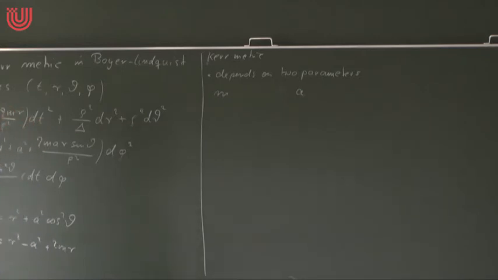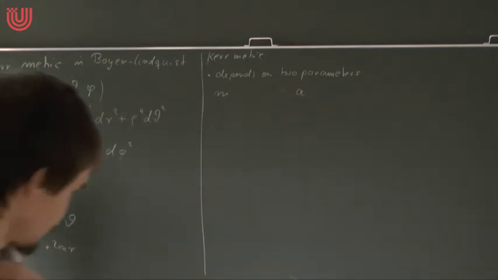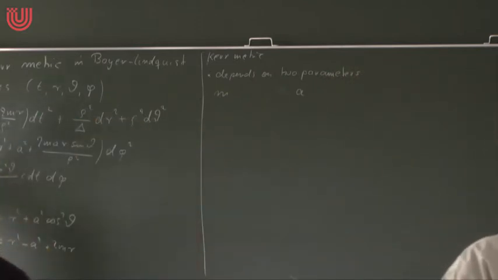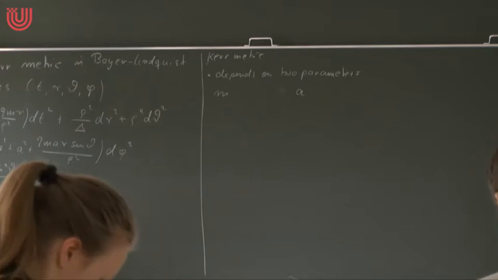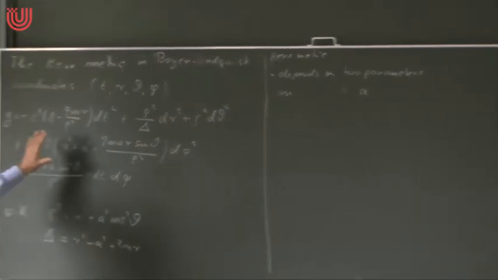The interpretation comes from comparison with the far field. If you go far away from the center, to the region where r is very big, you see that the metric approaches the flat metric. So this spacetime is also asymptotically flat, as one says.